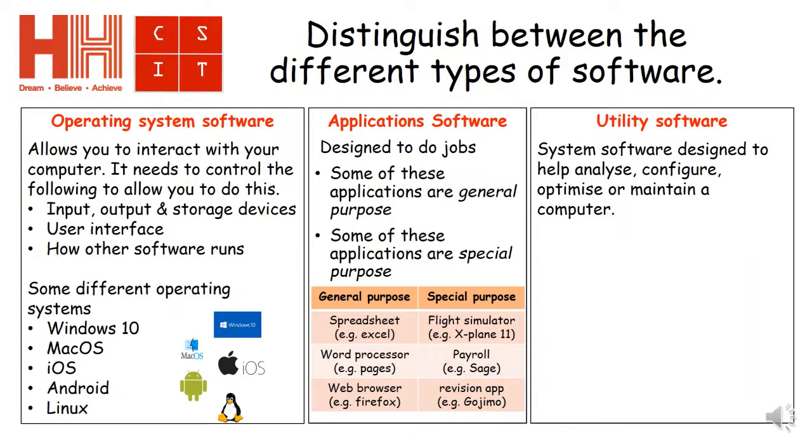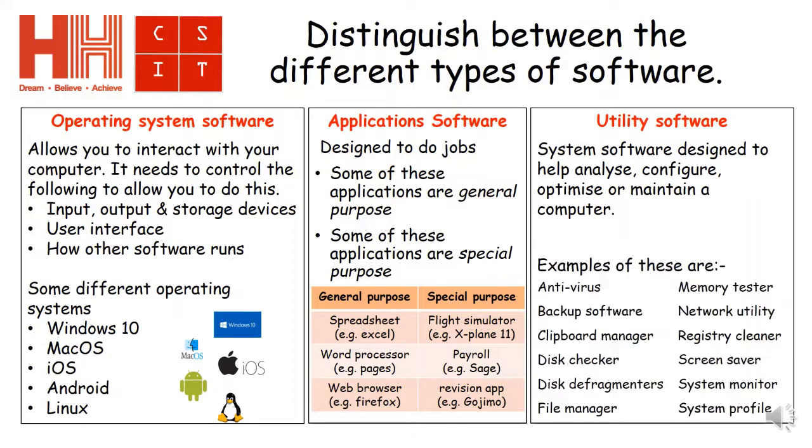And then you've got utility software. Now, this is the system software designed to help analyse, configure, optimise or maintain a computer. It's what looks after the running of your computer and makes sure that everything stays as it should be.